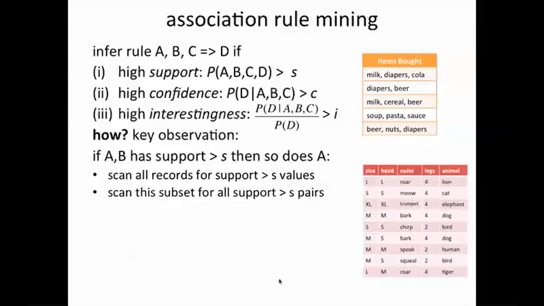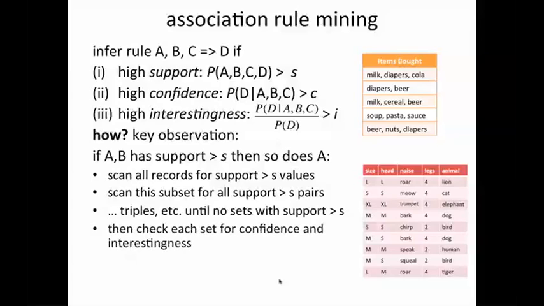So now we scan this subset of data for all pairs which have high support, and then discard some more data items, then scan the reduced data set for triples, etc., until finally we don't find any more sets with a high support. This considerably reduces the complexity of finding rules and results in an efficient algorithm.